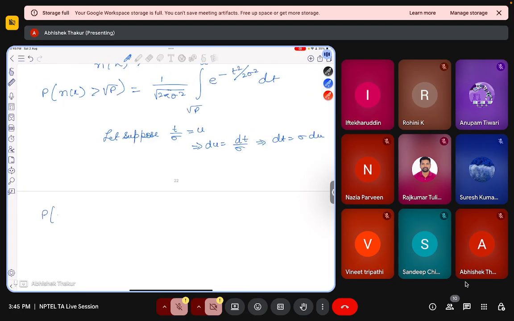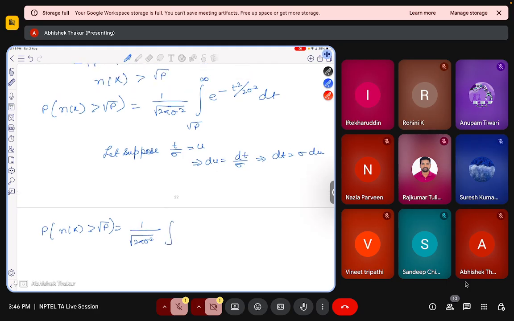So we will get the probability of error is equal to 1 by square root of 2 pi sigma squared. Now when t is square root of P, u will be square root of P by sigma.